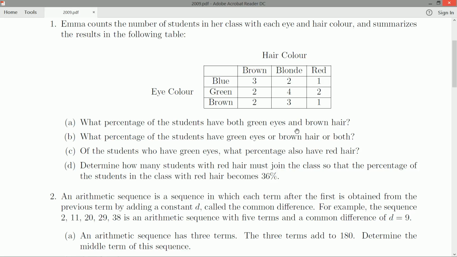So what percentage of the students have green eyes and brown hair? If it's a percentage of the students, it might be a good idea to know how many students there are in total. So we're going to copy our table here. We've got blue, green, and brown eyes, and then brown, blonde, and red hair.